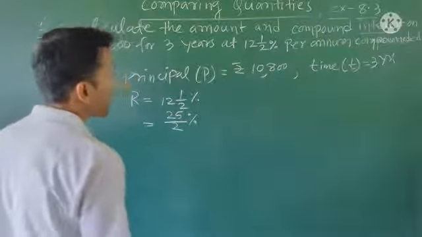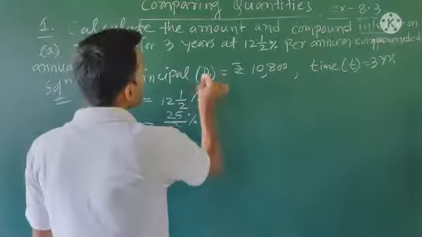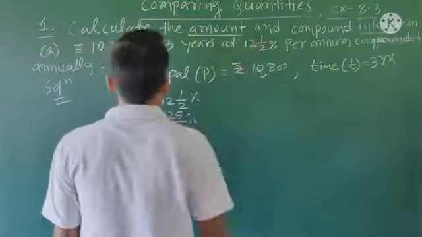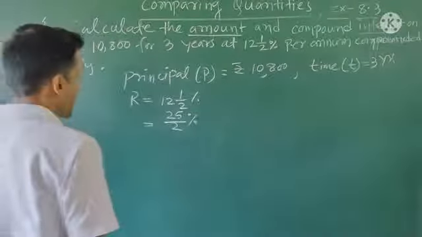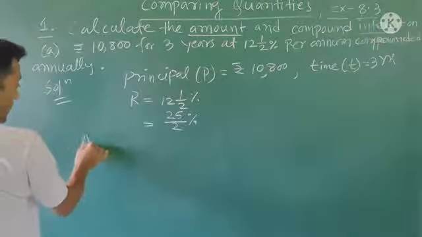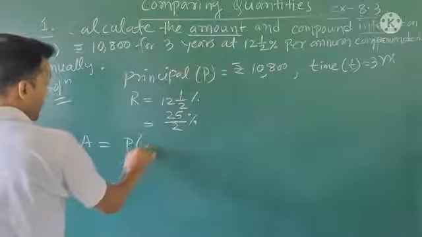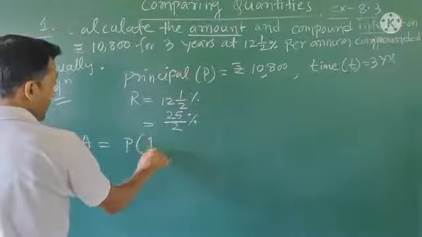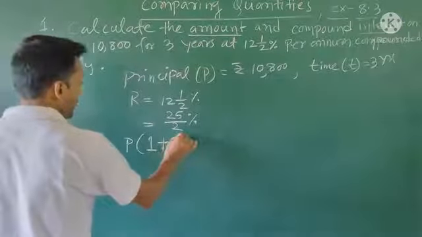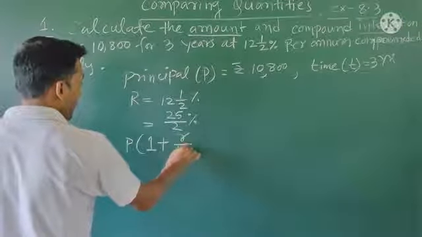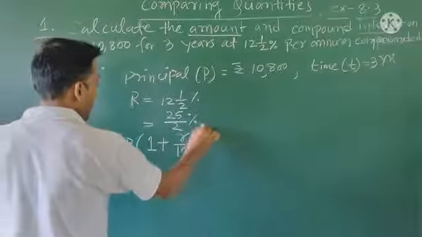Now first we'll find the amount. Calculate the amount. There is a formula to find amount. Amount is Principal into 1 plus rate of interest upon 100, to the power time.